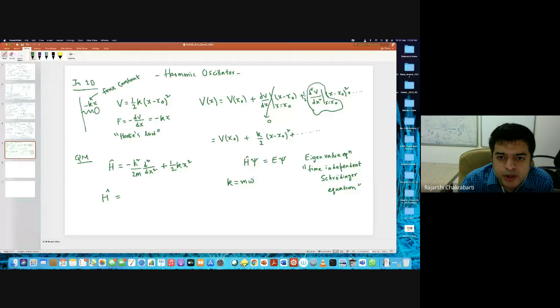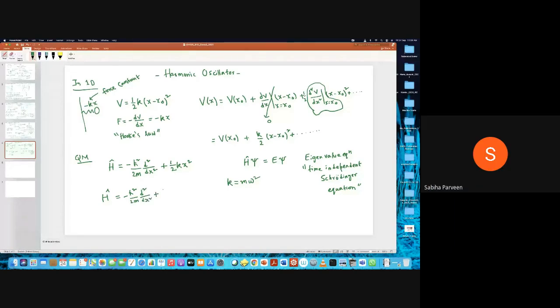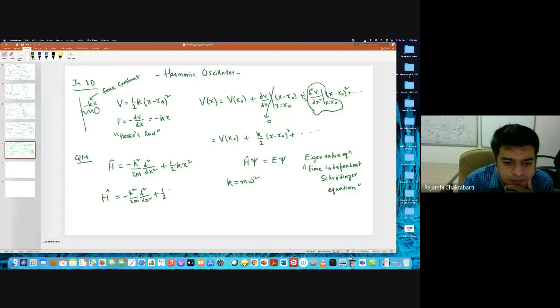This Hamiltonian can be written as follows. Sir, omega is the angular frequency here. Yes, of course.